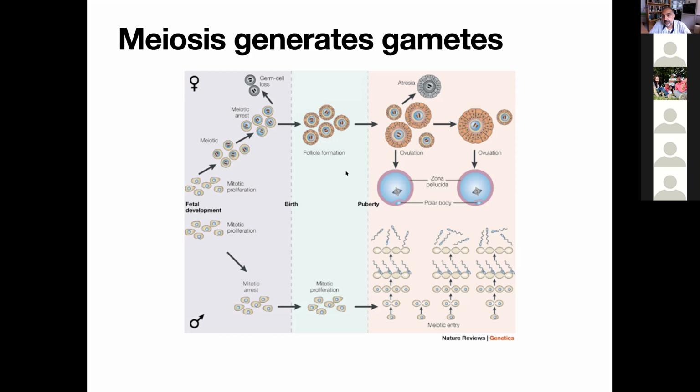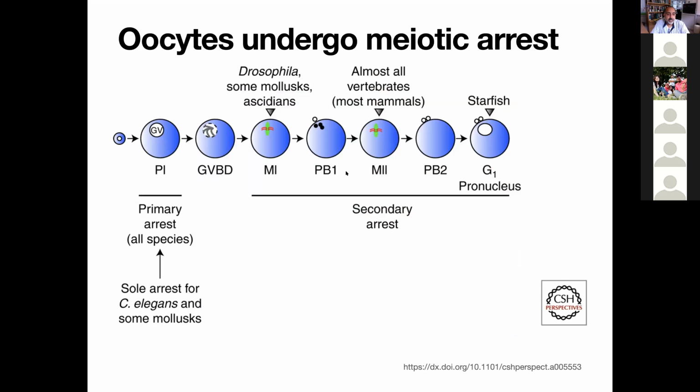So I want to bring this background into meiosis as well. And so at particular points during oogenesis, during the formation of oocytes, meiosis is arrested. Tell me if any of you know this, or if this is the first time you've heard this.